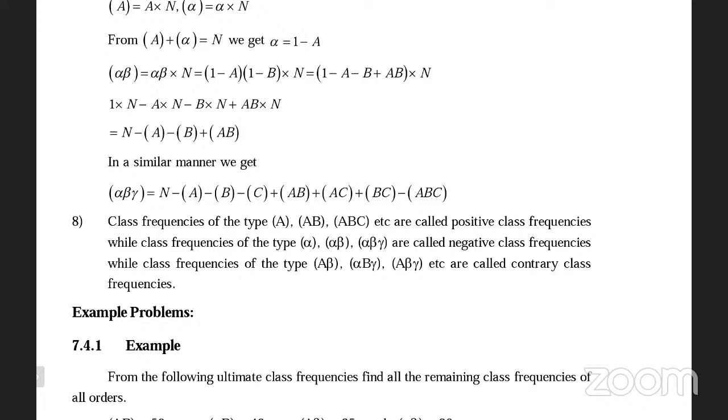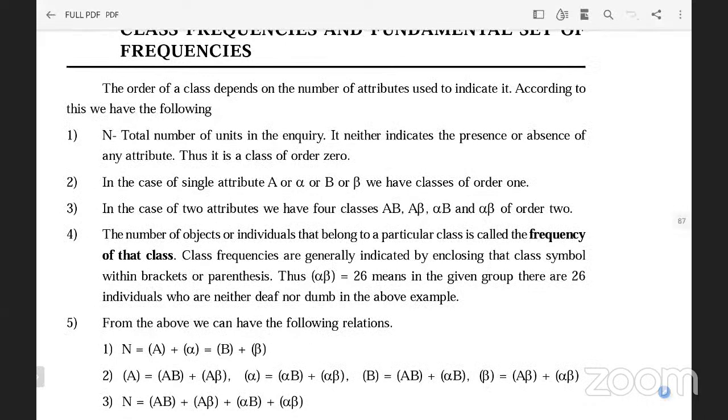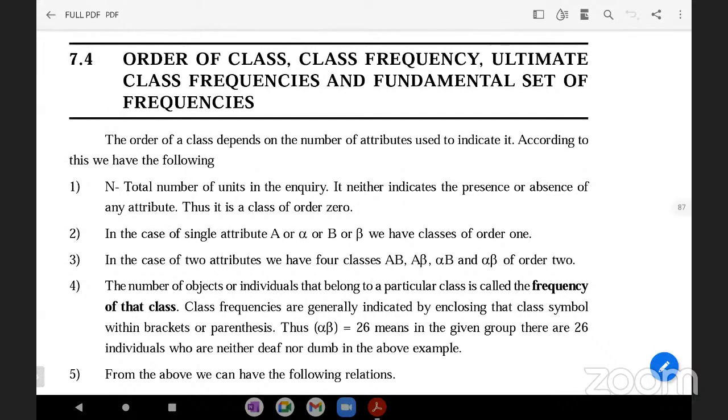Alpha, beta, gamma are called negative class frequencies. A beta, alpha B gamma, AB gamma are called contrary class frequencies. So this is the information we should learn in the concept of order of the class, class frequency, ultimate class frequencies, and fundamental set of frequencies.